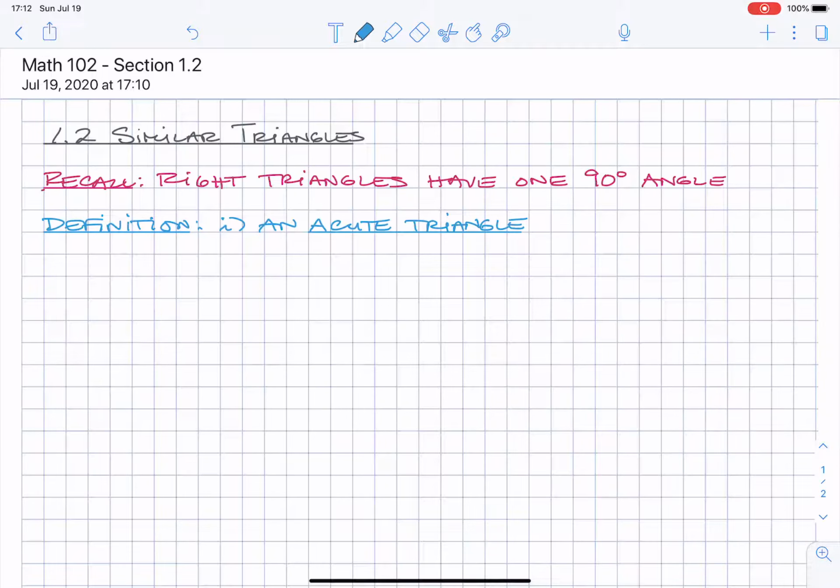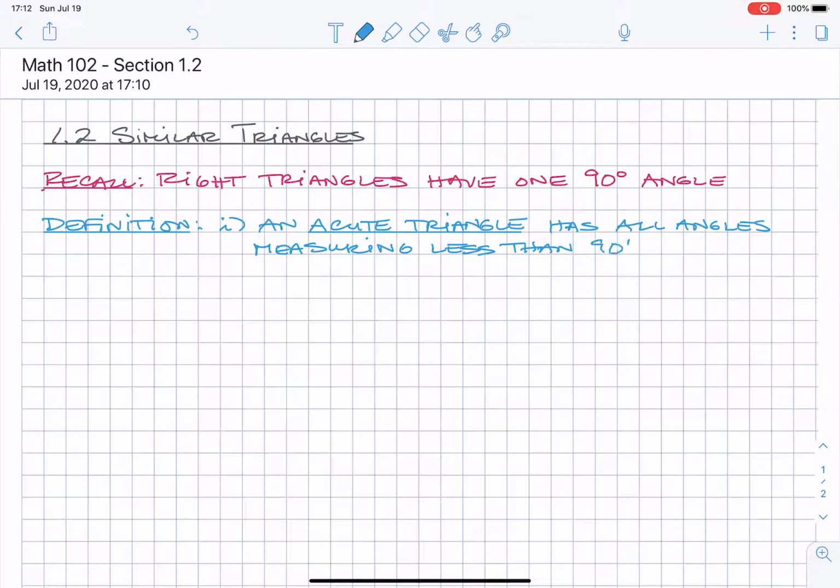So, an acute triangle has all angles measuring less than 90 degrees.